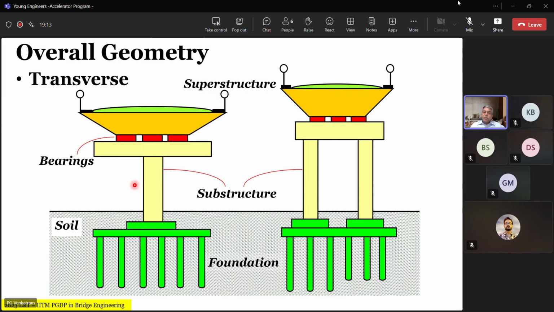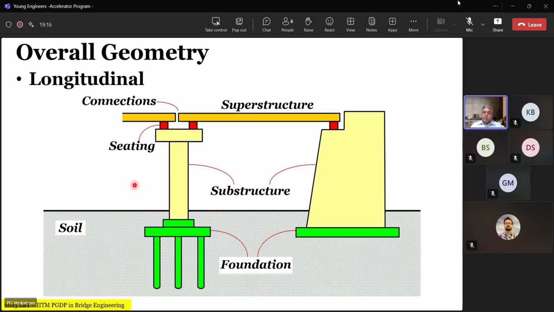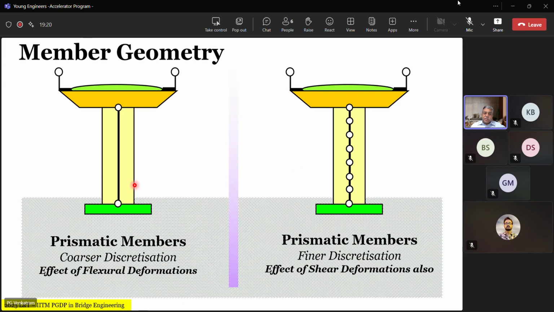Now, when we do this model, we are faced quite often with questions. What are the questions? Typically our bridge piers are prismatic members, correct? In prismatic members, quite often we follow which discretization do you follow often? The left hand side or the right hand side?